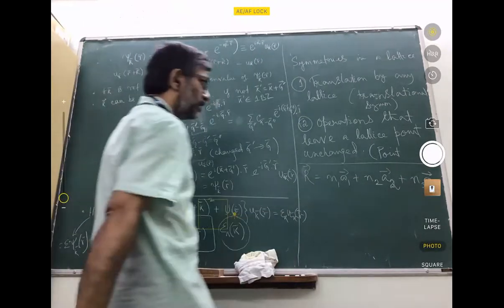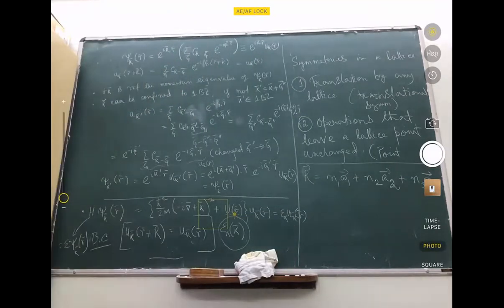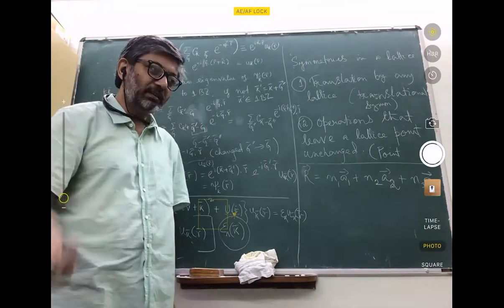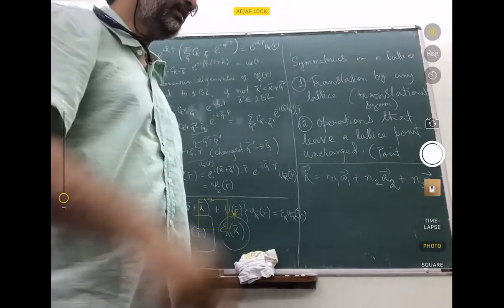As an example of this, suppose you take a cubic lattice. Let me give you the simplest example. You take a cubic lattice and you consider a line which is running along, let's say, the z direction, through the points.